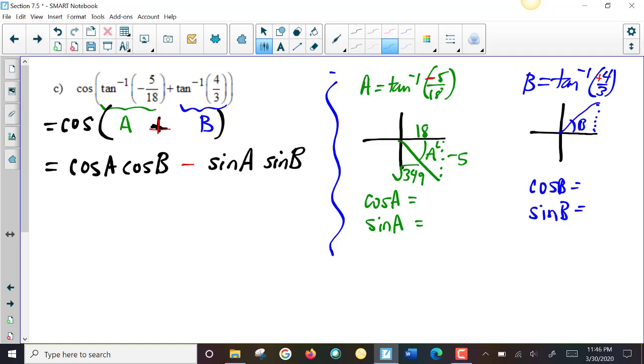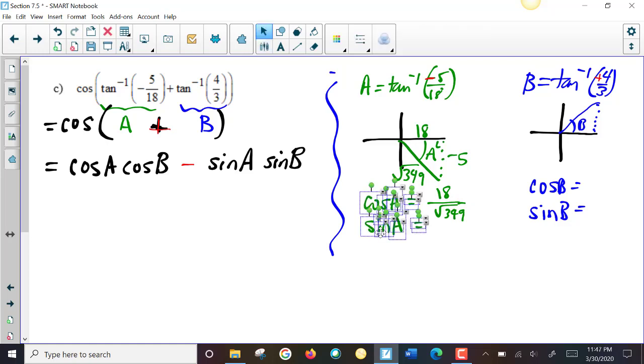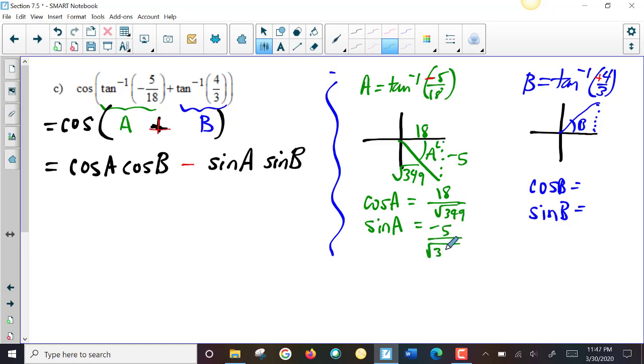And then, so that gives us cosine of A is going to be 8 over the square root of 89. No need to rationalize. Do not make a lot of effort doing that until at least the end when you know you really, really need to. And then the sine of A would be -5 over the square root of 89.